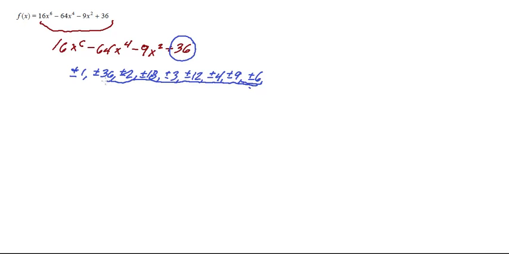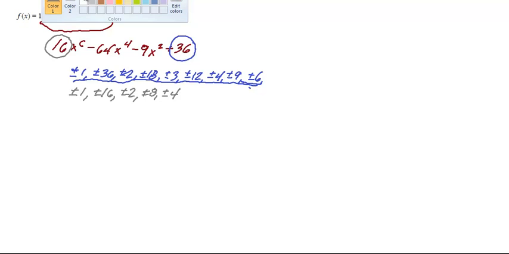I'm going to take all of these and divide them by the factors of the leading coefficient, which in this case is 16. So I've got plus or minus 1, plus or minus 16, plus or minus 2, plus or minus 8, plus or minus 4, and there's no point in writing that twice.